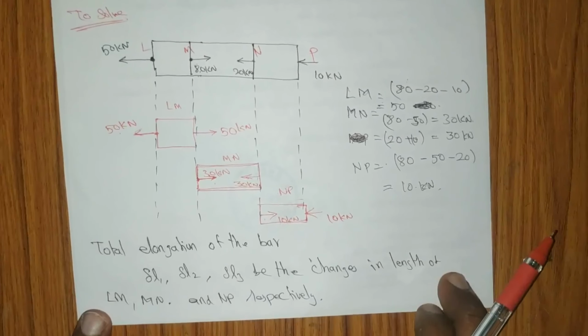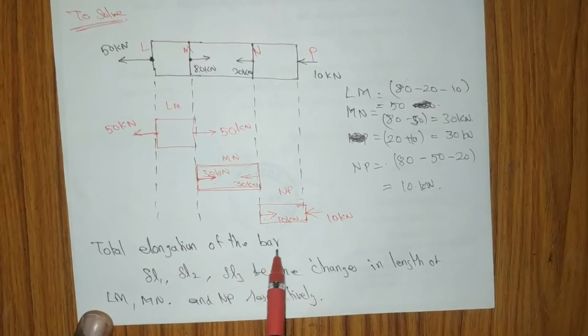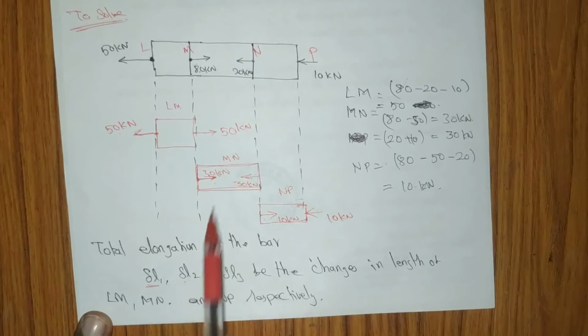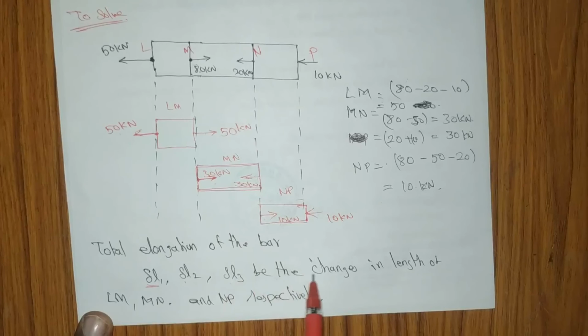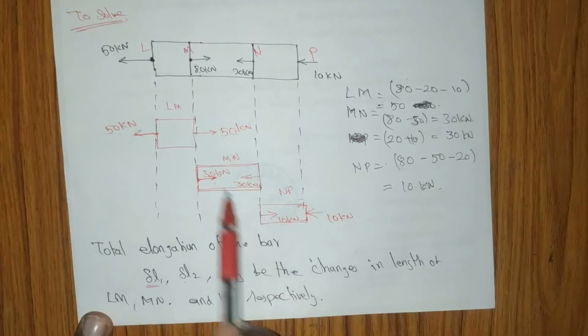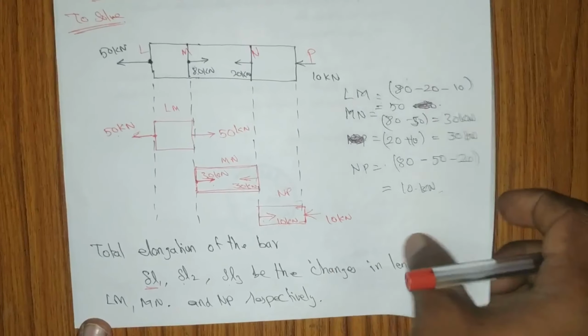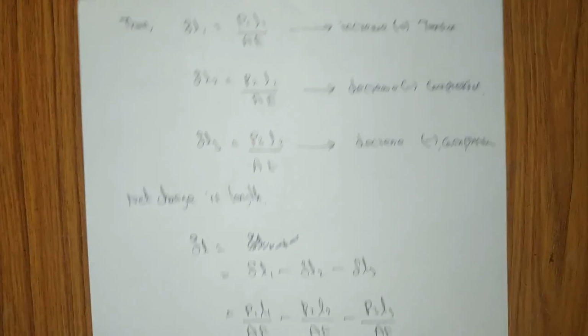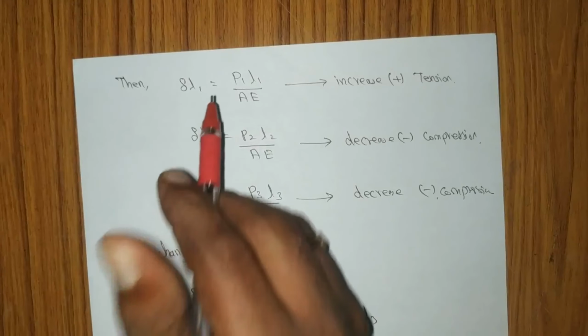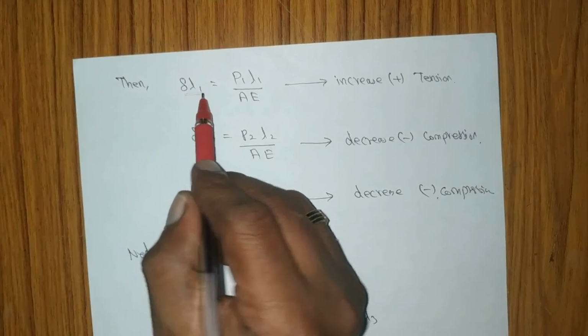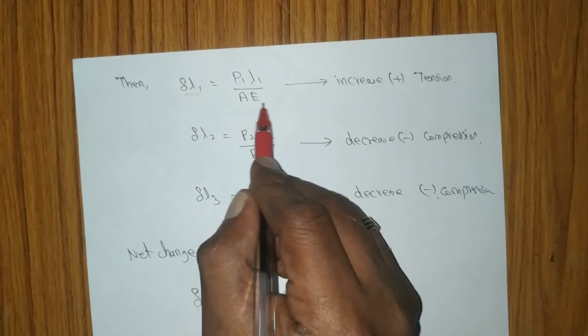To find the total elongation of the bar, we find the individual elongation in the LM bar, the MN bar and the NP bar, which are the changes in the lengths of LM, MN and NP respectively. Each bar will have its individual elongation. We know the formula for elongation: delta L equals PL by AE.